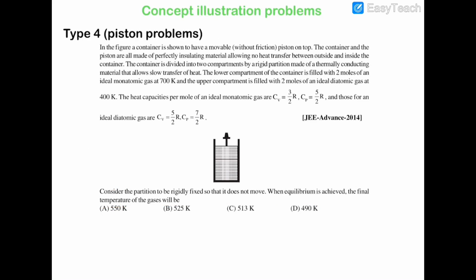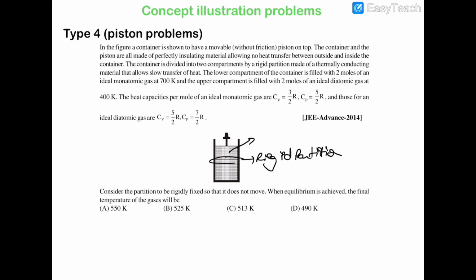In this question you can see that there is a cylinder in which there is a rigid partition. This is a rigid partition, and this partition is not movable, but it can allow the slow transfer of heat through it. The above chamber contains 2 moles of an ideal diatomic gas, which is at temperature 400 Kelvin.